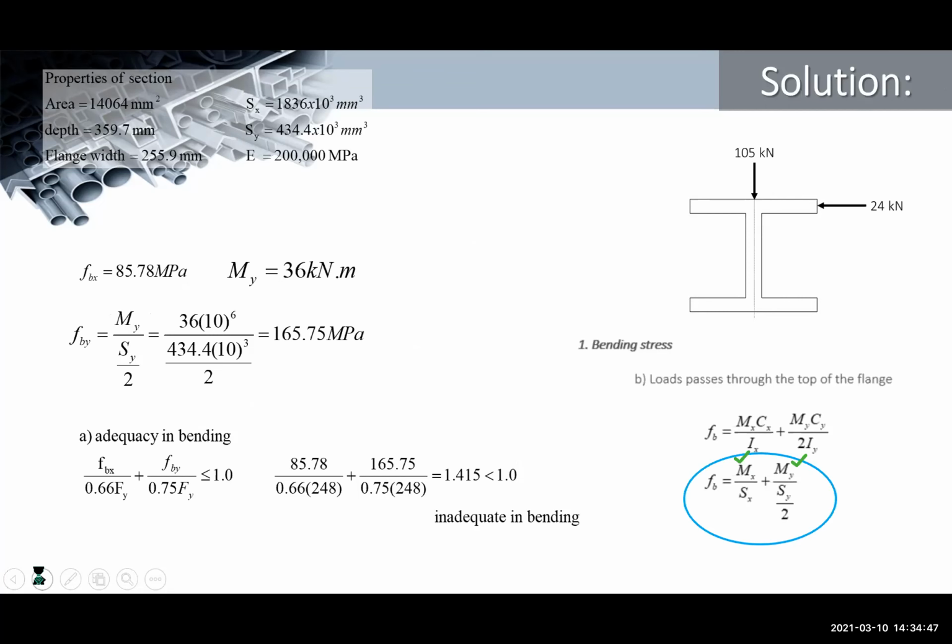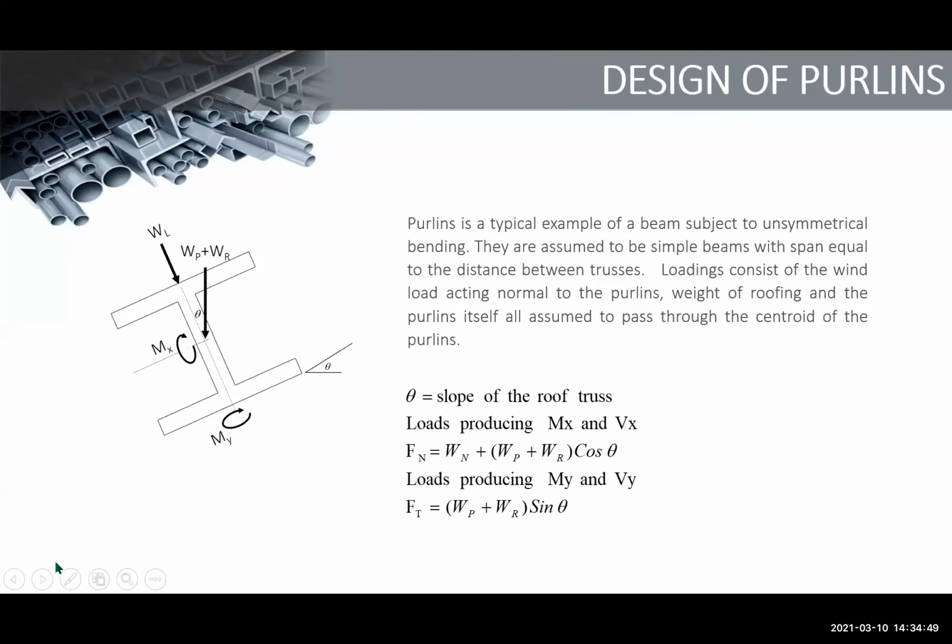Ito naman, punta na tayo dito sa design of purlins. Now, yung purlins kasi, actually, it is a member na nagpo-fall sa category ng biaxial bending. Kasi nga, ang purlin natin, it is subjected to a normal load caused by the wind load and then a tangential load sa centroid.